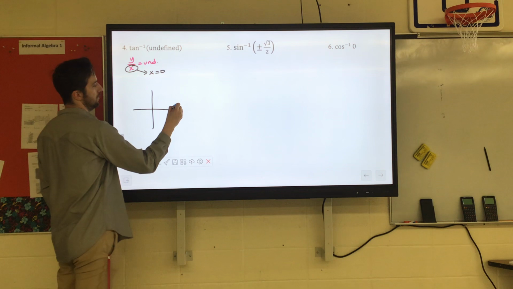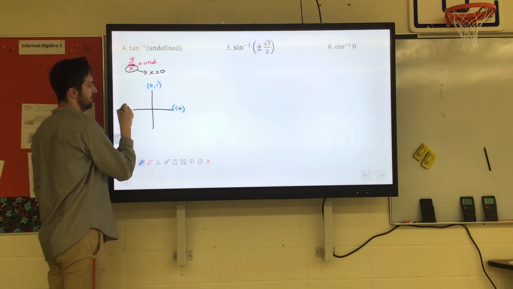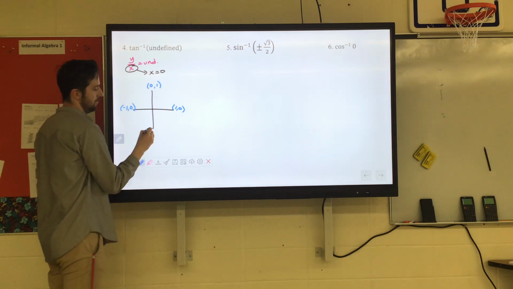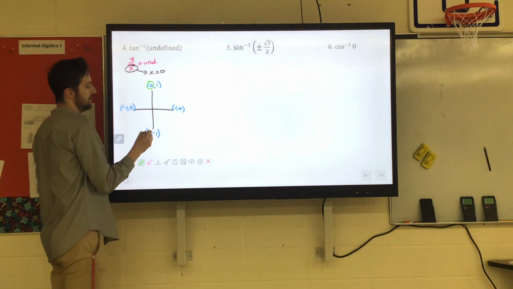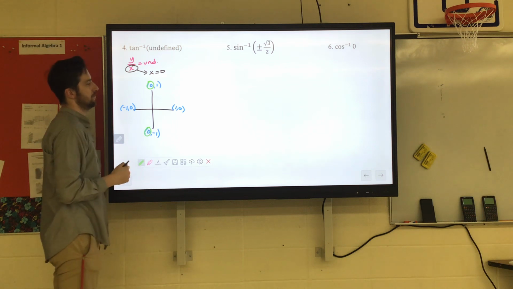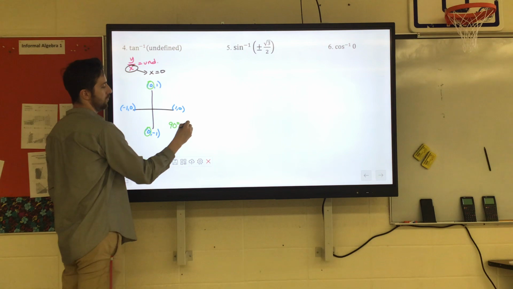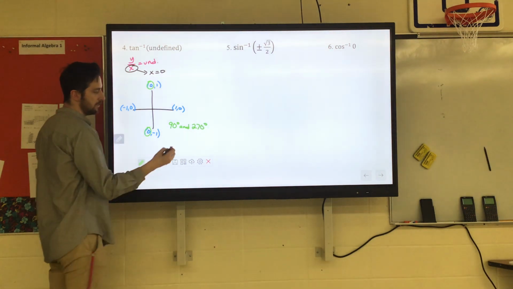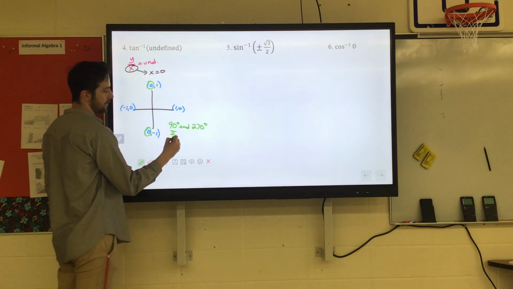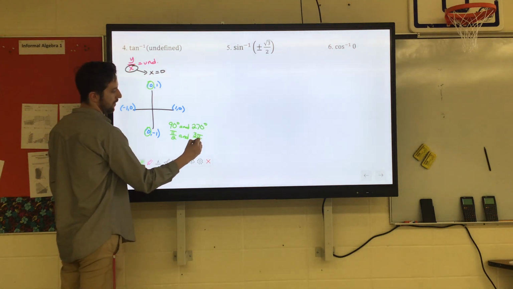So over here, you'd be at (1, 0), (0, 1), (negative 1, 0), (0, negative 1). X is 0 up here and down here. So that would be at 90 degrees and 270 degrees. How many 90s go into 180? So pi over 2 and 3 pi over 2.